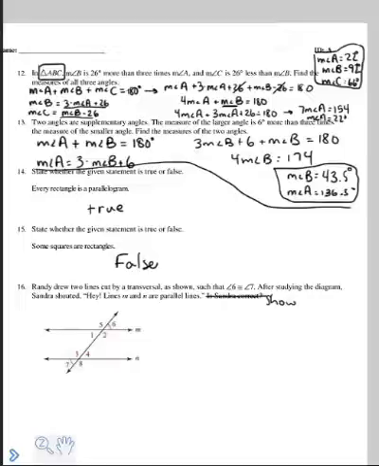So we could say this: angle 7 is congruent to angle 4 because of the vertical angles theorem. Okay.